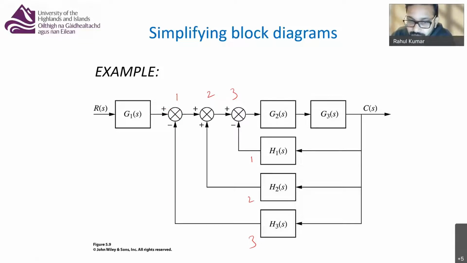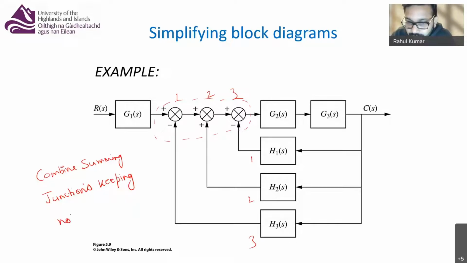So the first step of simplifying this type of block diagram is to combine these multiple summing junctions, keeping note of the signs, that is, whether you have a positive or a negative sign here.